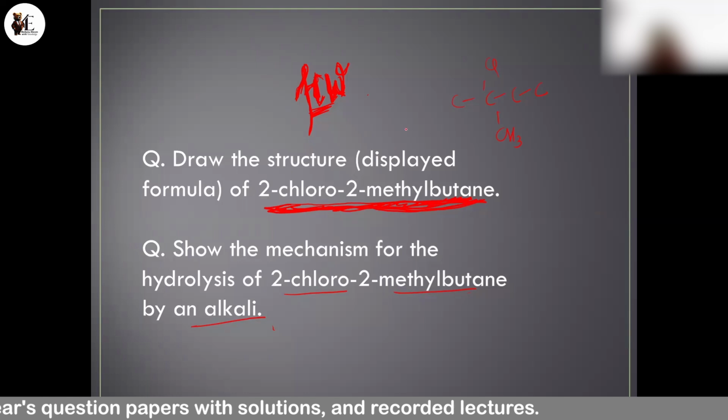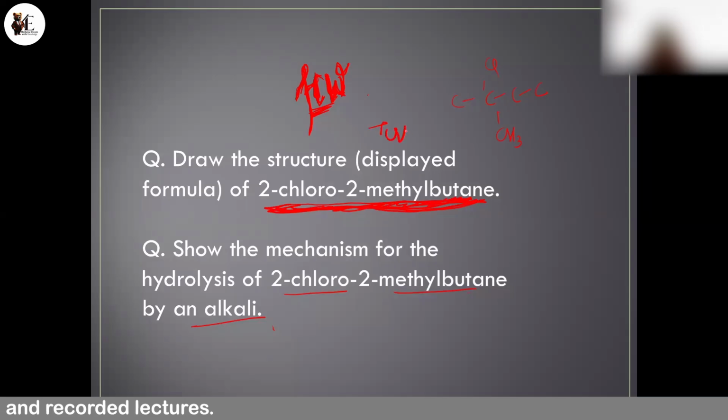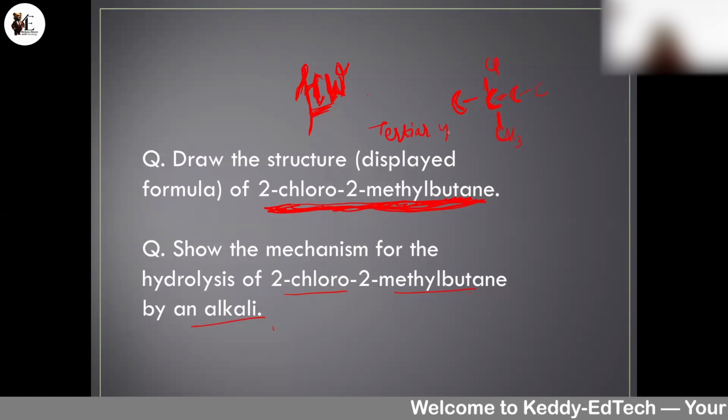Is it tertiary, primary or secondary halogenoalkane? Is it so hard? I think it's tertiary. Yes, it is a tertiary halogenoalkane because this halogen atom is attached to this carbon, which is connected to 1, 2 and 3 carbon atoms. So it is a tertiary halogenoalkane.